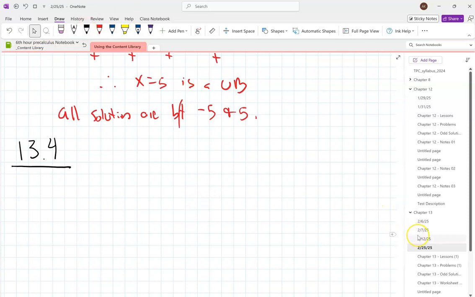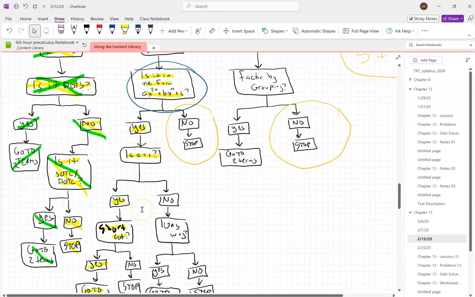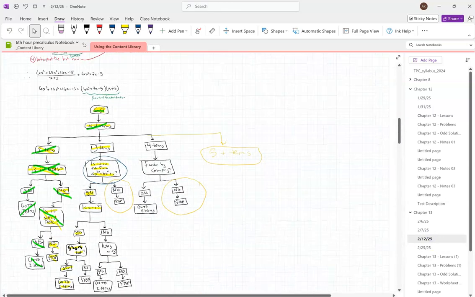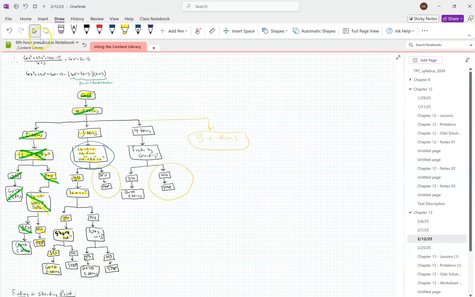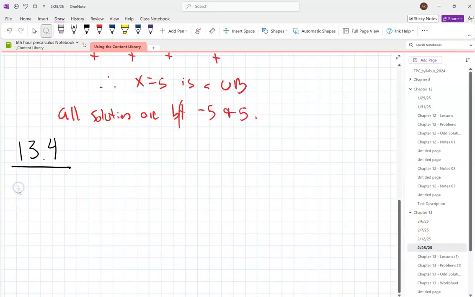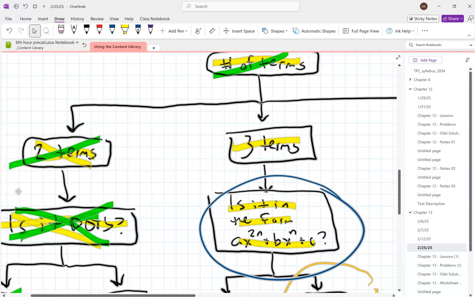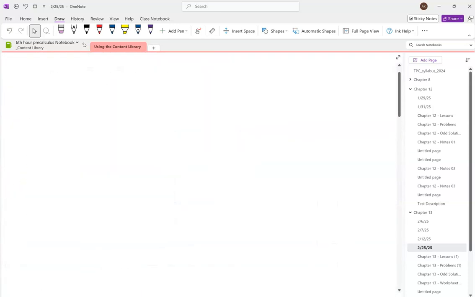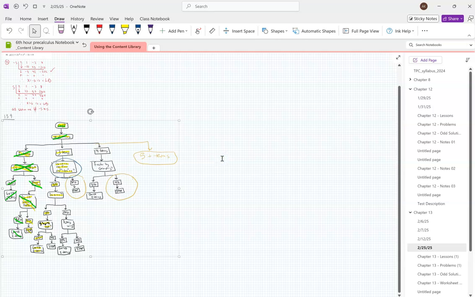So in the last section, what we had done was extending what we learned with our factoring diagram, right? In section 13.2, we built this nifty factoring tree, but we observed that there were a couple of holes in this factoring tree.